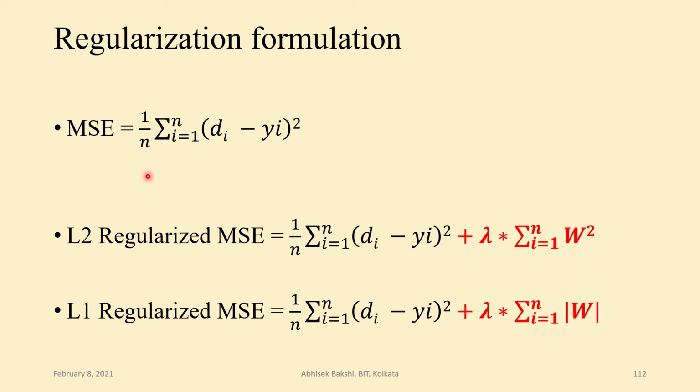And there are two different types of regularization. One we call L2 regularization and another is called L1 regularization. In case of L2 regularization, we add an extra penalty in the error function, where this lambda is basically a regulator.